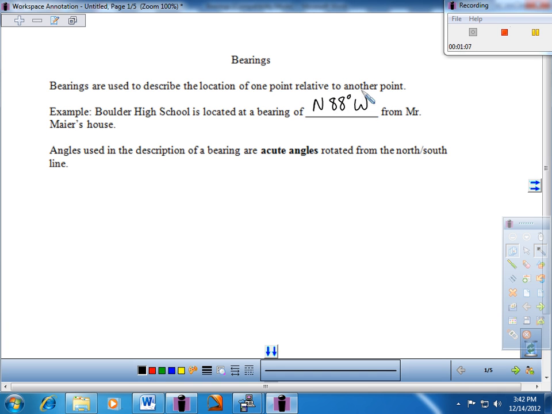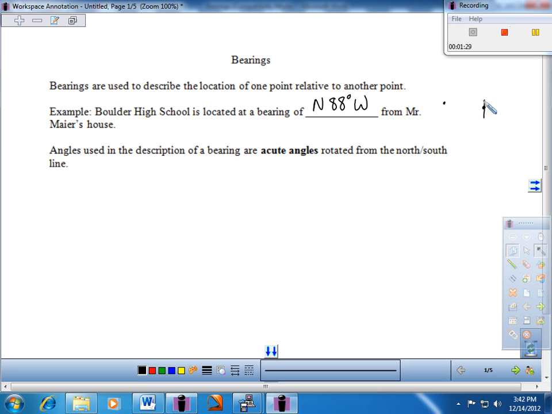And so that would be the bearing, and I'll give you a quick diagram to show you what that would look like. Basically, just off to the side here, I'm going to put a little north-south line as we will be drawing in with all these problems. There's my front porch right there. And very simply, a certain number of miles away, Boulder High School is about here, give or take, maybe a touch lower. But essentially, this is a way to describe Boulder High School's location in relation to my house's location.